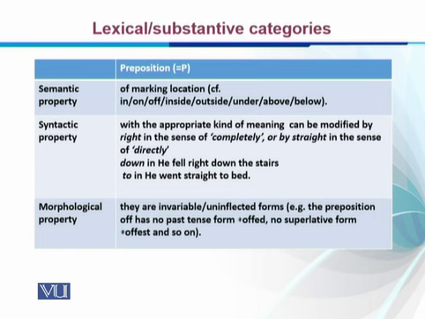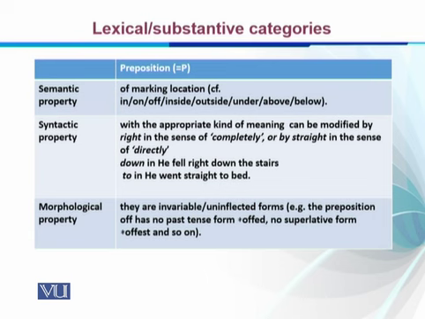For example, he is down the stairs, so we can have right to modify down. So he fell right down the stairs. So he went straight to the bed. So we can syntactically modify a preposition with another word.